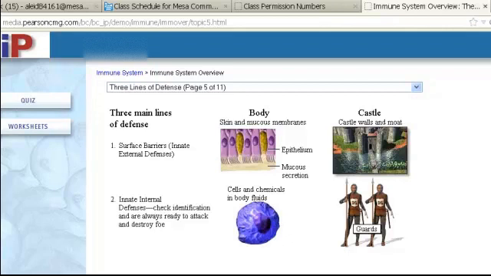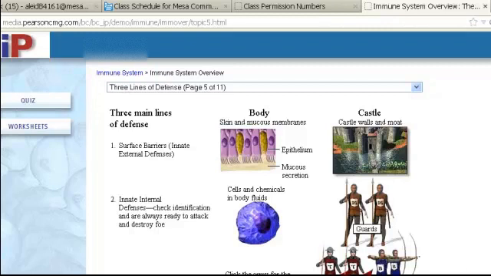So when we say non-specific, what they're going to be doing is patrolling, looking for things that don't belong there. And it doesn't matter exactly what it is. If it's not recognizable as self, if it looks like something foreign, they'll try to get rid of it. And these are usually going to be things like our phagocytes, etc., right? We talked about monocytes and things like that.